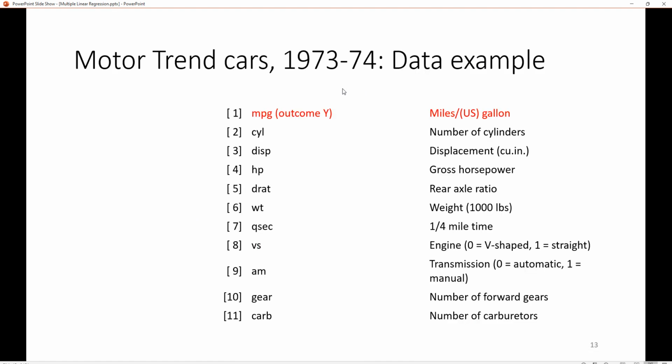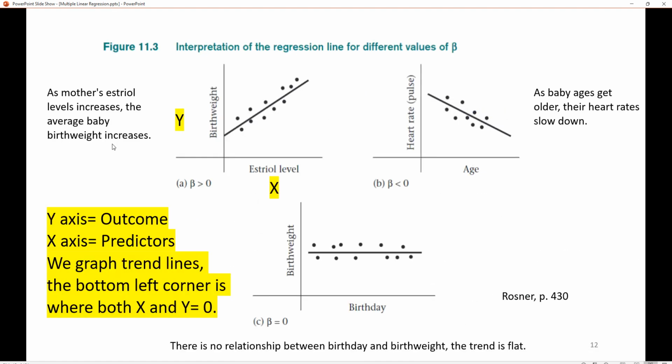So let me just scroll back up. So you notice how that trend line on the top left touches that birth weight y-axis outcome somewhere here on 0, but that would be the intercept, where that line touches the y-axis at a value of 0 on the x-axis.